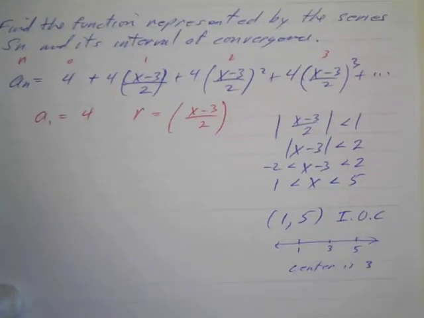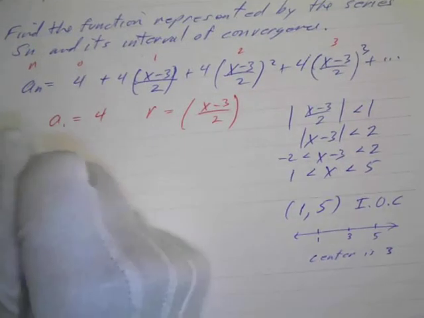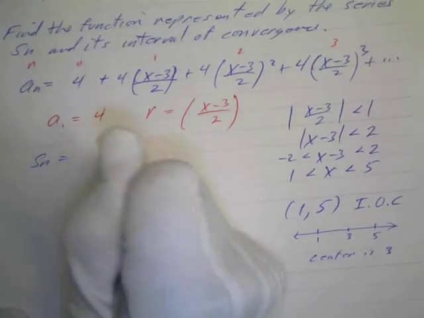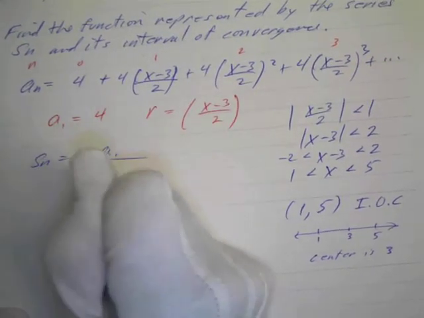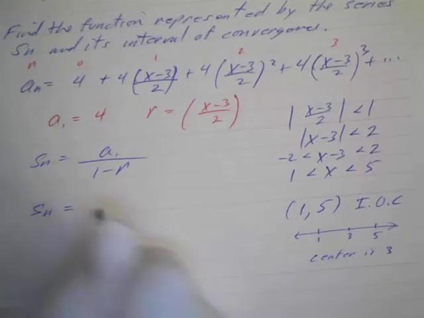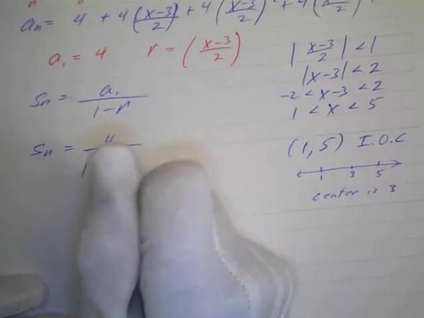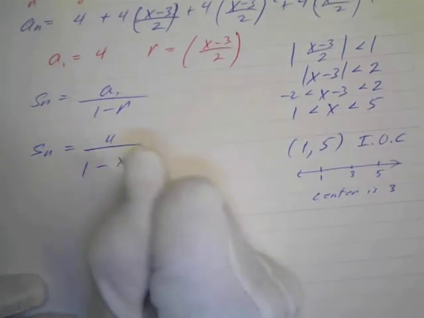All right? Okay, so let's see what the function would be. We know that if this is the case, S sub n equals a, or a sub 1, all over 1 minus r. So S sub n will equal a, which is 4, all over 1 minus (x minus 3) over 2.